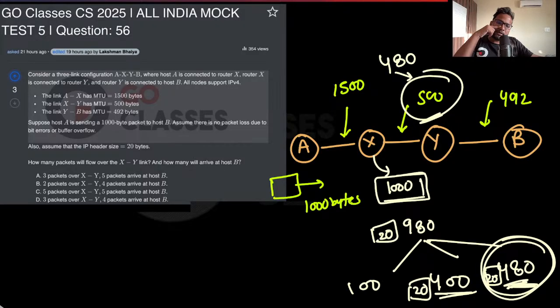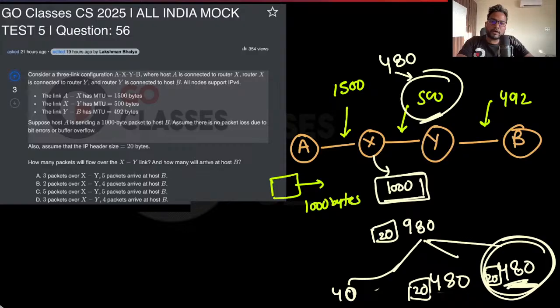Basically you have to have two 480, not 100. You have to have two 480, and the remaining will be extra. So what is the remaining? If you have two 480, then the remaining will be 40. 40 will be separate. Is this fine to everyone? Yes, there will be 3 packets. Let me know, is this fine?